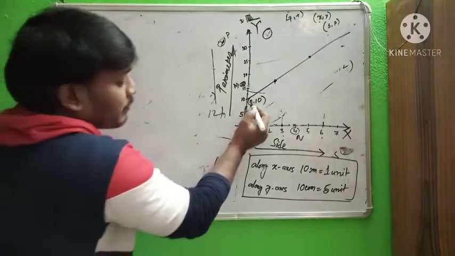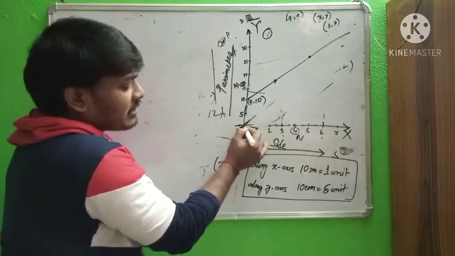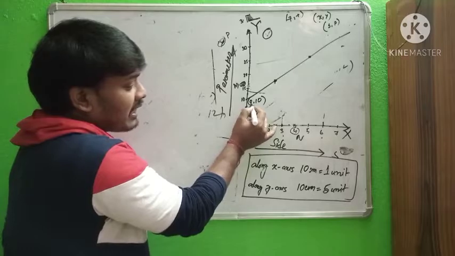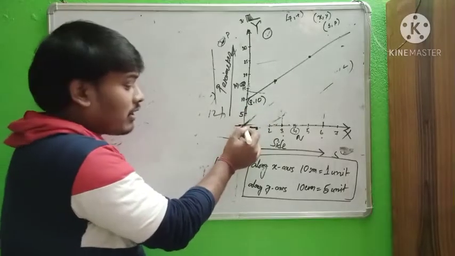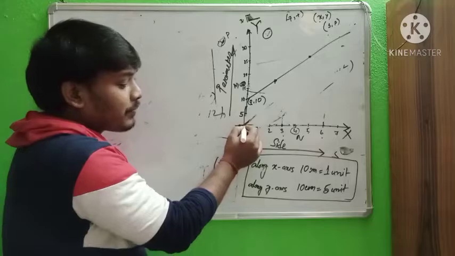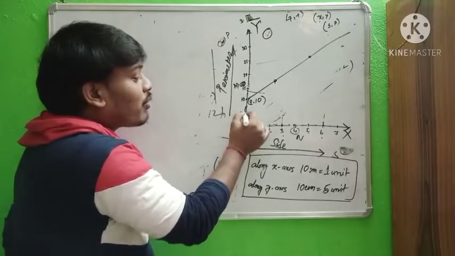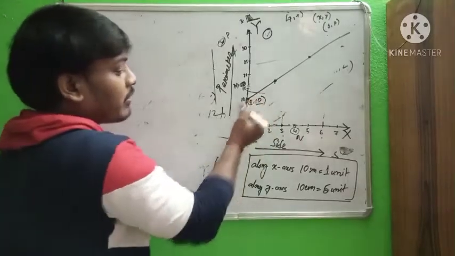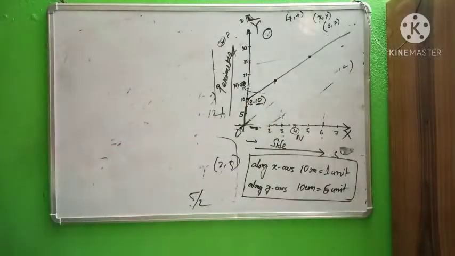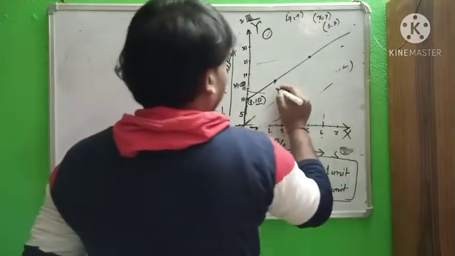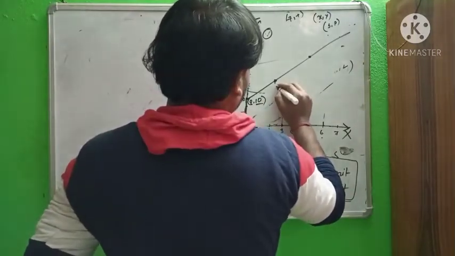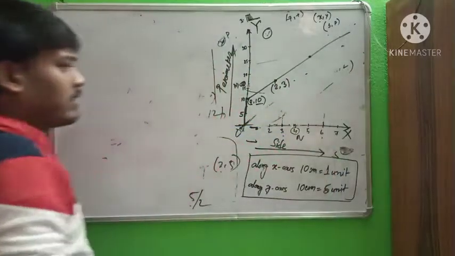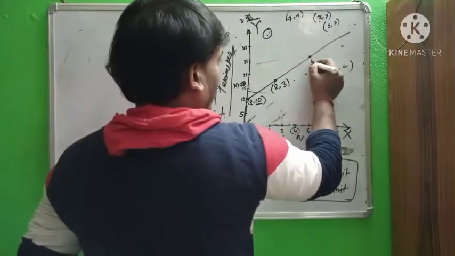There is no need to go along the x-axis, because the x value is 0, so it is at 0. Along the y-axis we go 10 units. So 0 comma 10 is the point. Another point is 2 comma 3, and another point is 5 comma 9.